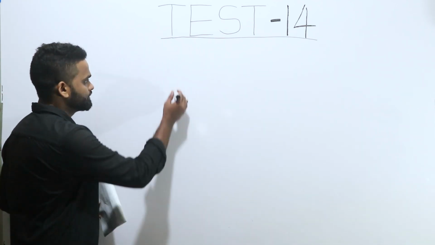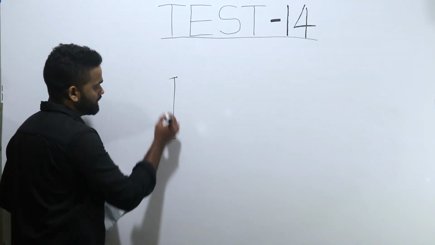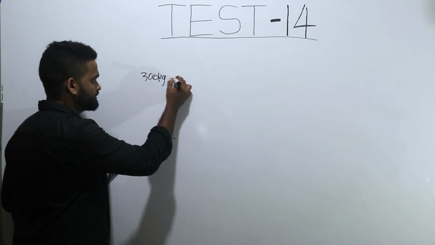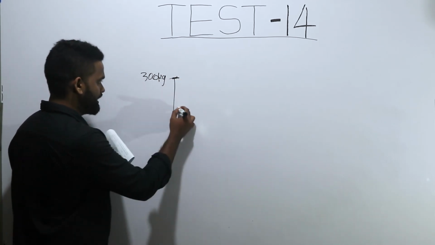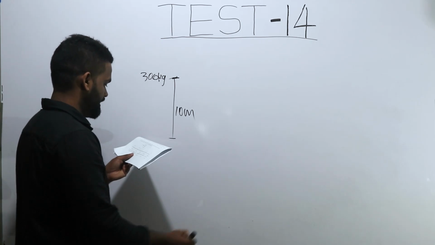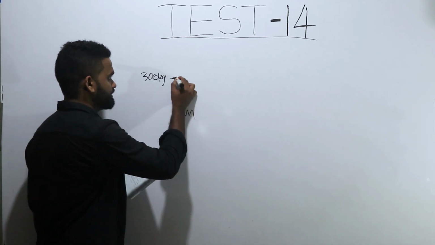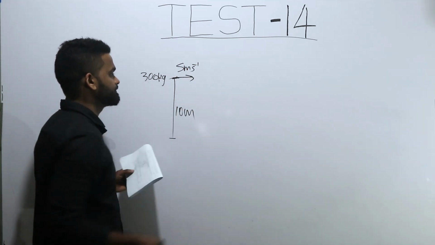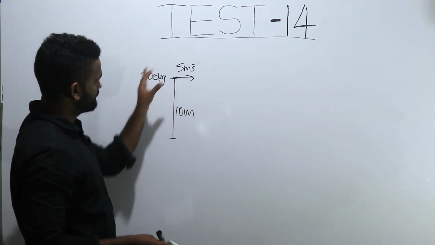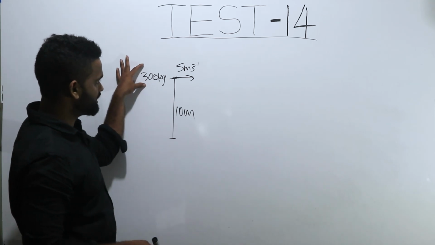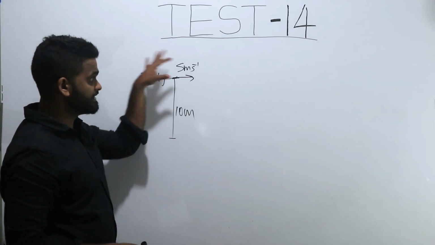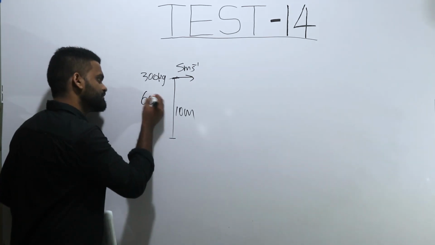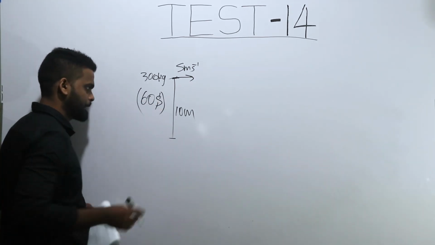So this pump lifts 300 kilogram of water to a height 10 meter. Then ejects that amount of water at 5 meters per second. So to eject 300 kilogram of water at this speed, the time it takes is 1 minute, which is 60 seconds.